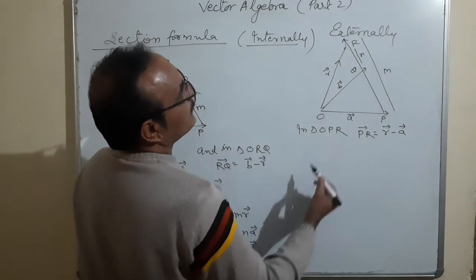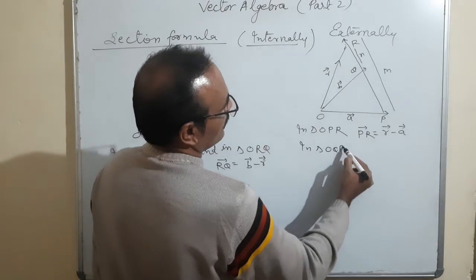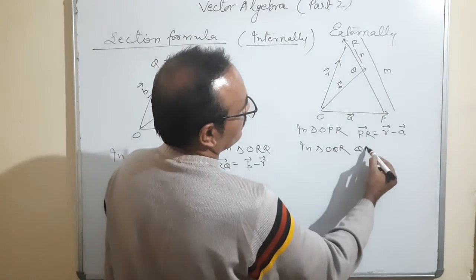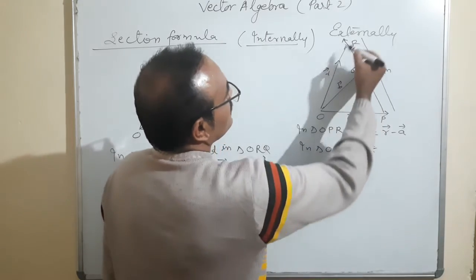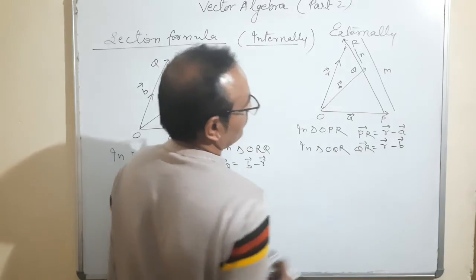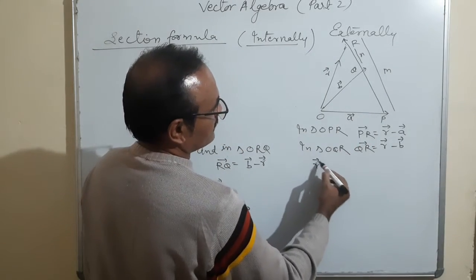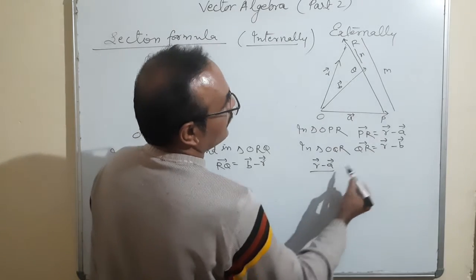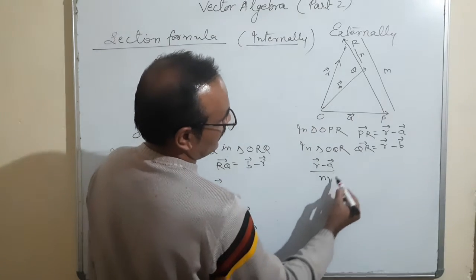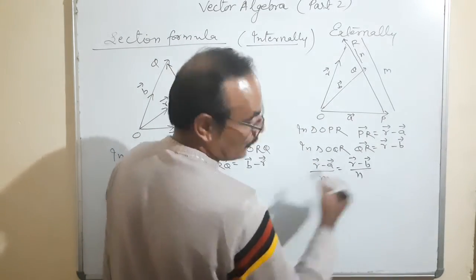Okay. In triangle OQR, QR is equal to vector R minus vector B. Okay. So may I write here vector R minus A, it is PR, that means upon M, and vector R minus B upon it is N. Okay.